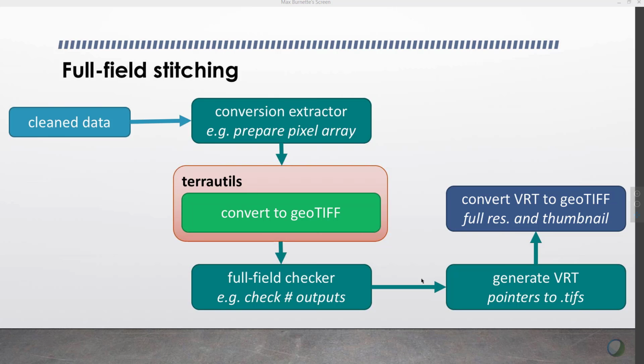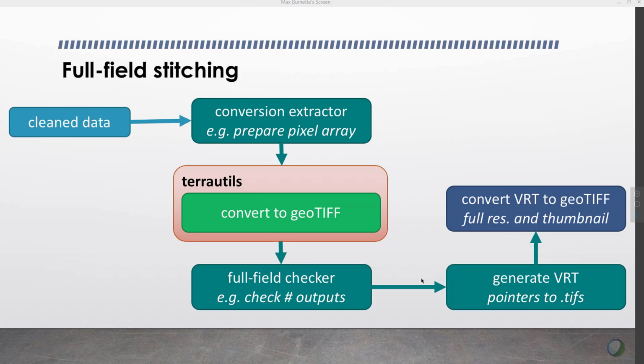The stitching involves generating a VRT, which is, I don't actually know what it stands for, but it's sort of a virtual geotiff. It's essentially a text file, an XML file, with a list of pointers to a bunch of geotiffs. So we generate this VRT file, which tells us all 8,000 of the geotiffs that we have and how they're arranged in the field. And from there, we can convert those to a full field image, a geotiff.